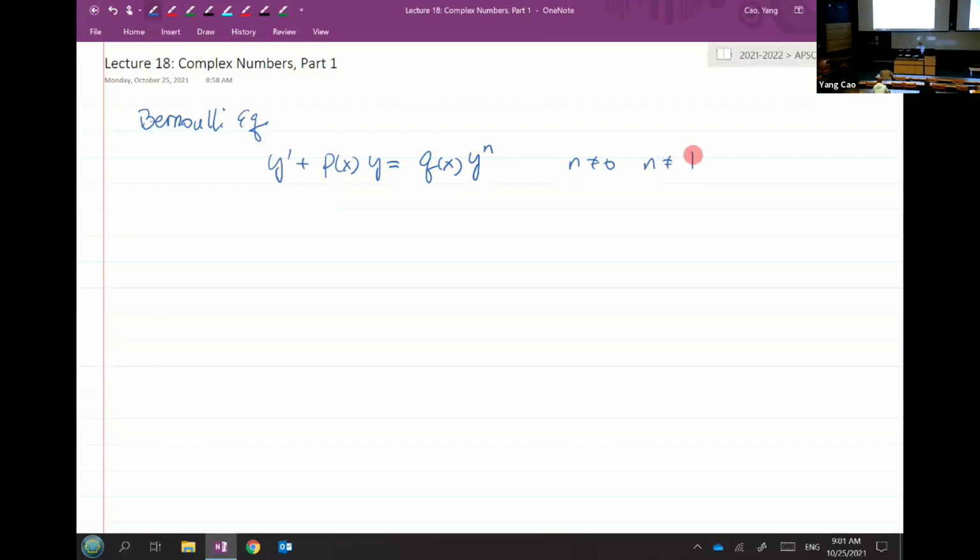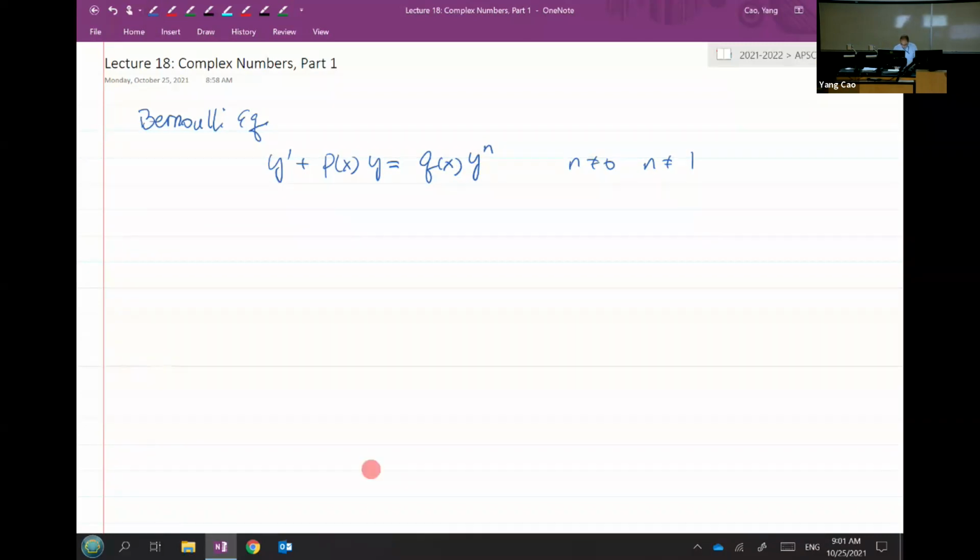This is the Bernoulli equation we started last week. It's a nonlinear equation: n is not 0, n is not 1. We have presented the typical solution approach to solve the Bernoulli equation using the substitution transformation. So let's take a look at the example we started already.